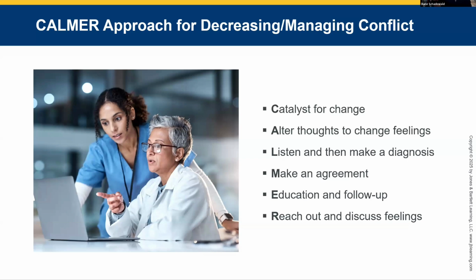So try to figure out where the individual or the organization is in that stage of change. And then alter thoughts to change feelings. So you want to discuss specific negative feelings and their impact. And in doing that, you have to internalize and think to yourself, what are my negative feelings about this particular conflict? You want to identify those too, and alter your thoughts to change those feelings.